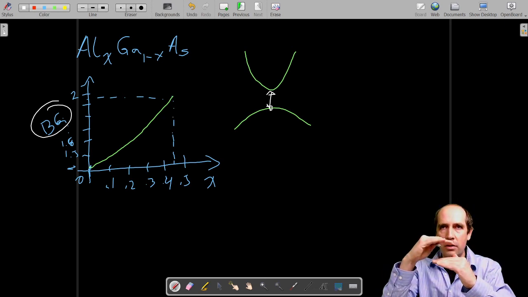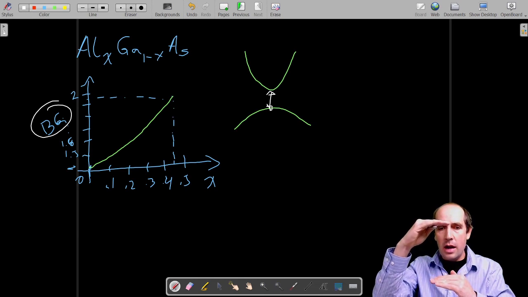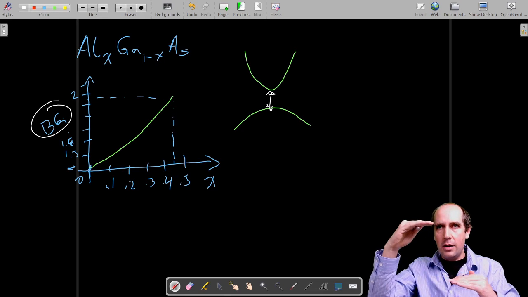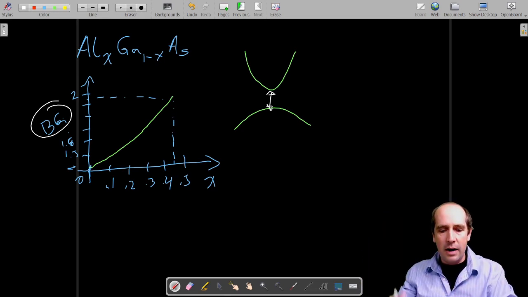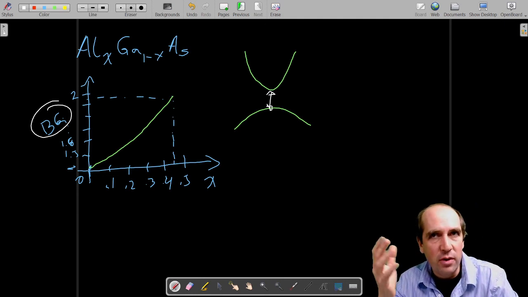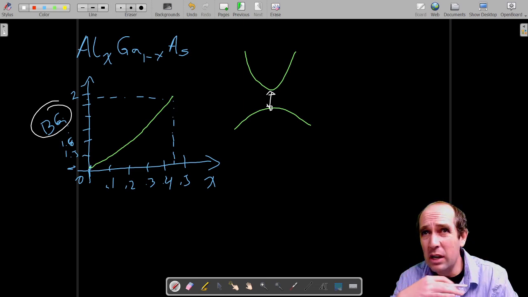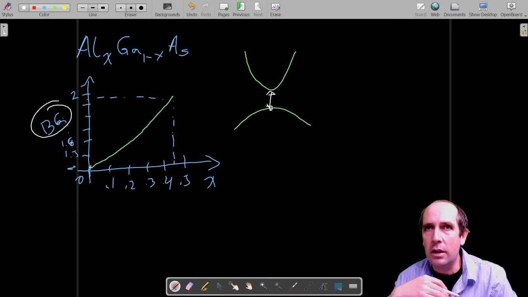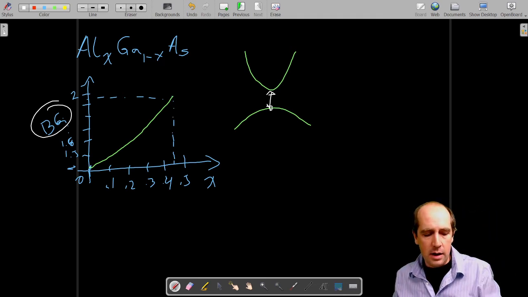The bands keep separating, but they also start misaligning. So at this point, at 0.45 or so, the material is no longer a direct bandgap semiconductor, and we're not really interested anymore. So we can use this in this fashion.